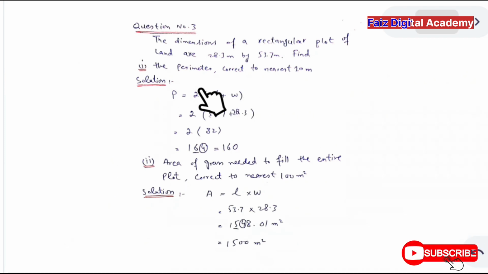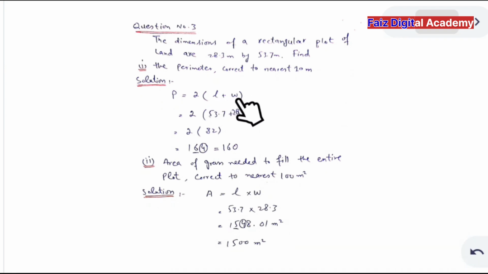In question number 3, the dimensions of a rectangular plot of land are 28.3 meters by 53.7 meters. Find the perimeter correct to the nearest 10. The formula of perimeter is P equals 2 times (L plus W), length plus width.